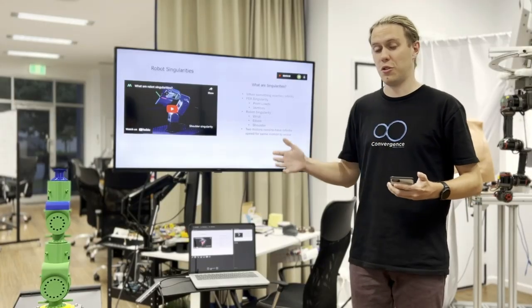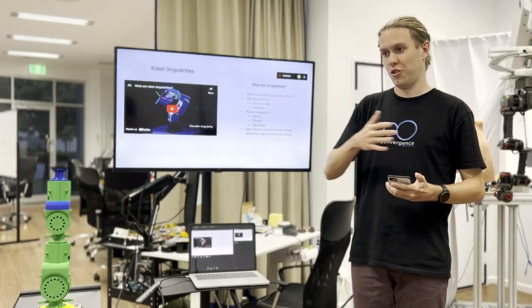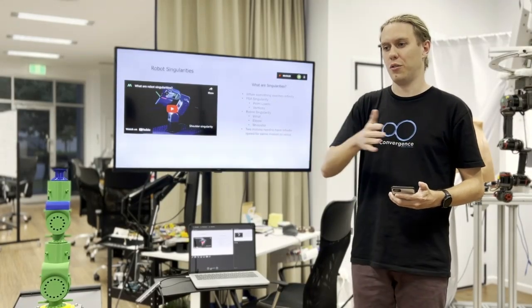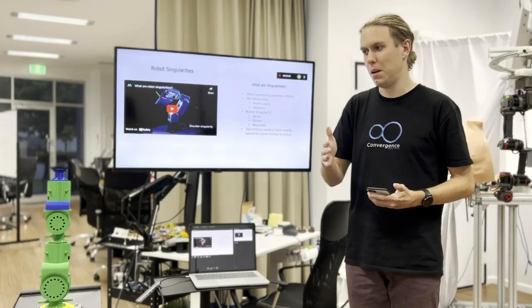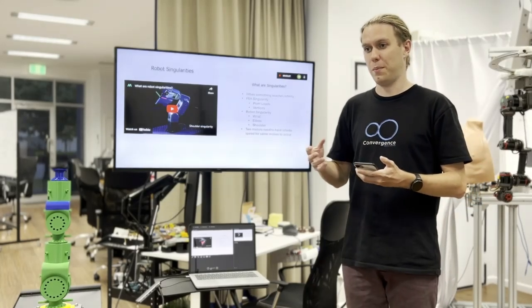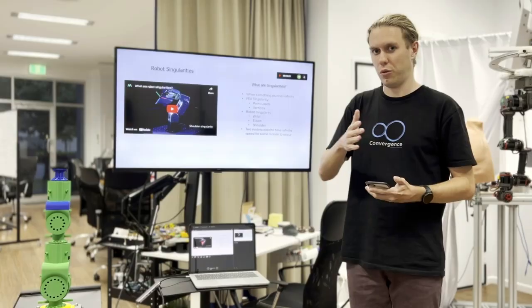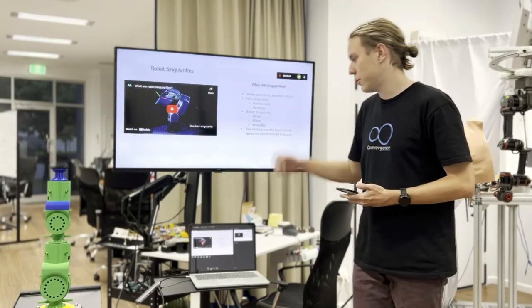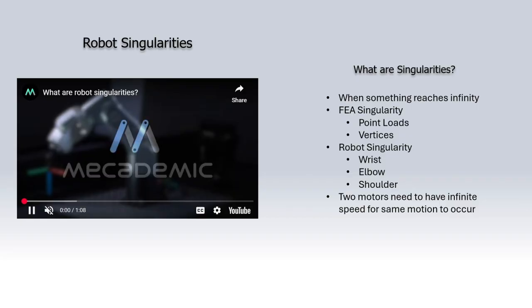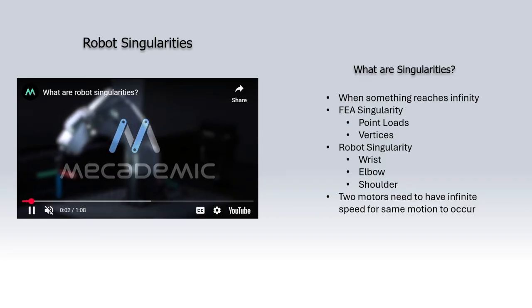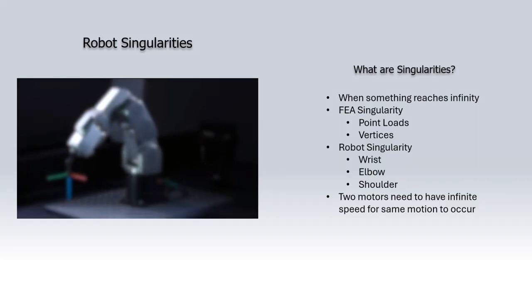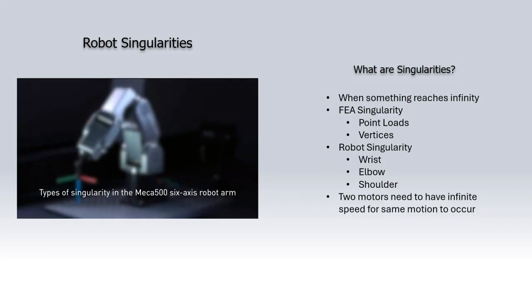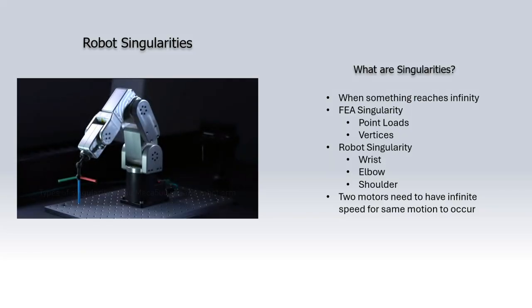If we could just go to infinite speed, it could just go straight across at a constant rate. But as soon as it gets to that midpoint, the motors will have to be tapped out and the motion will slow to a near stop, if not a stop, and then keep going, which can be seen in this video here. There are also FEA singularities, which I'll get to later in this presentation.